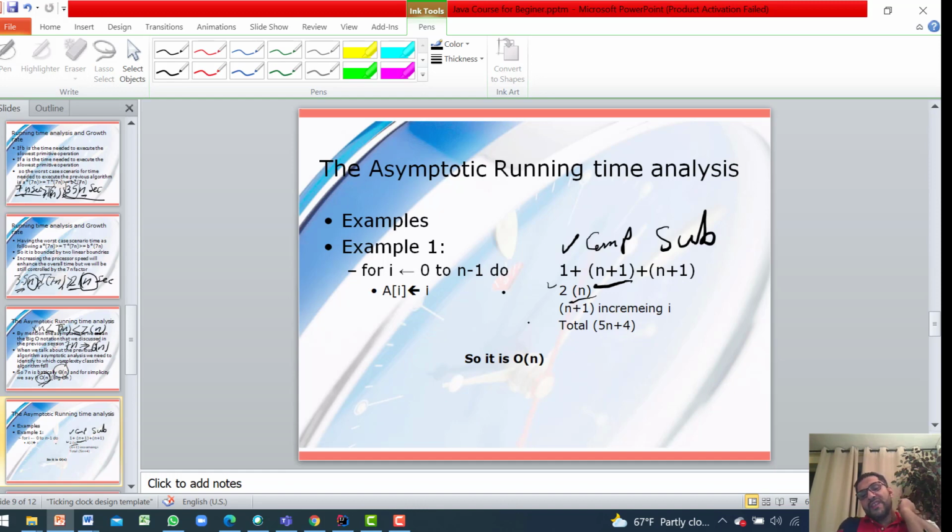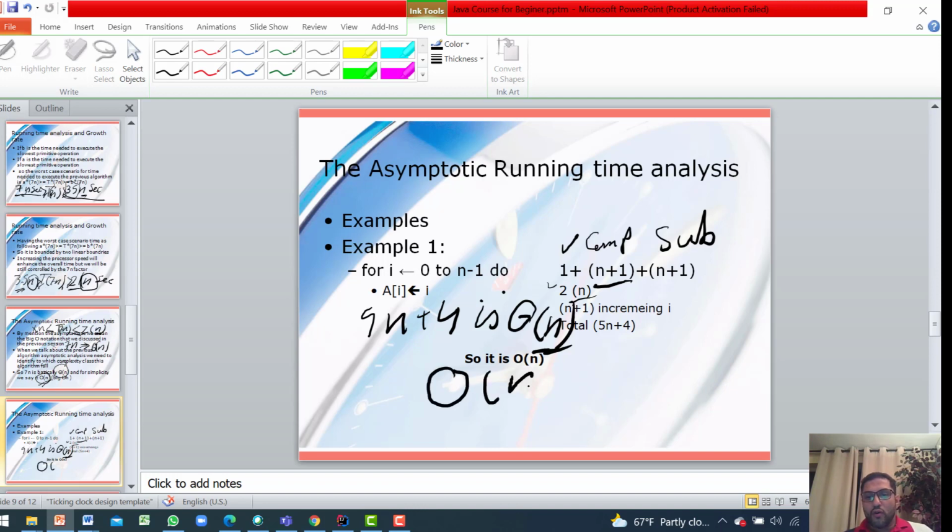When we talk about 5n plus 4, for this function, it is zeta of n. This is what we know, because they are from the same level. If it is zeta of n, for simplicity, people will say it is big O of n. So the for loop, normally, is big O of n.